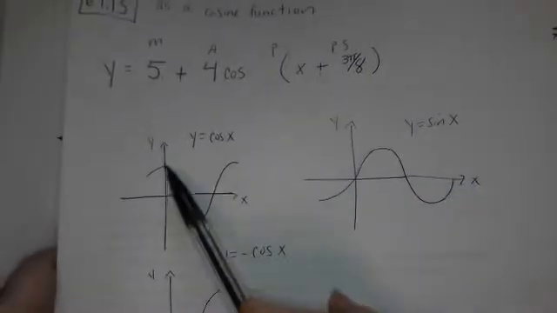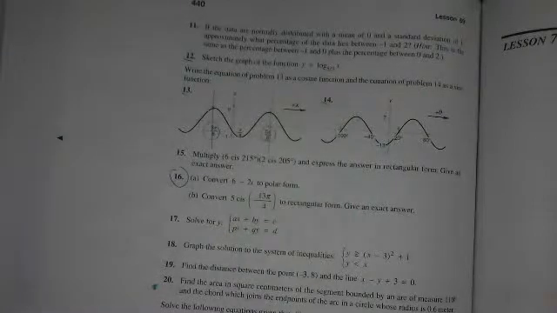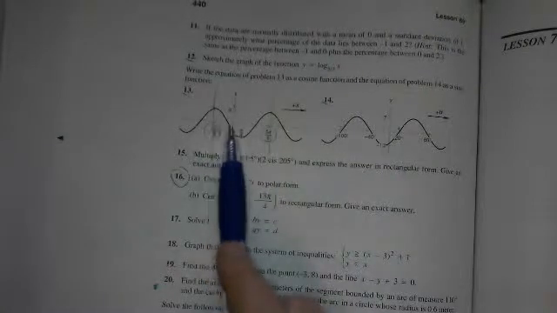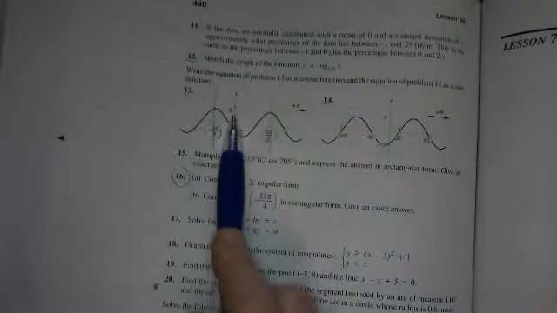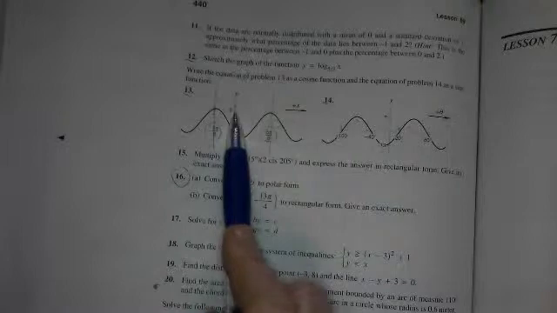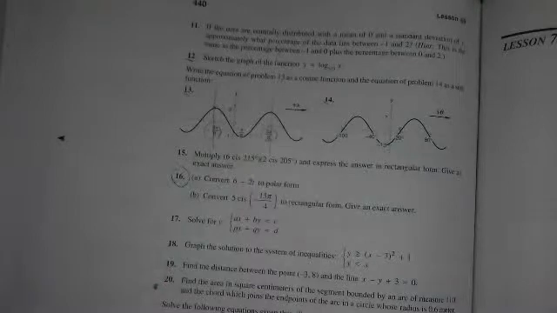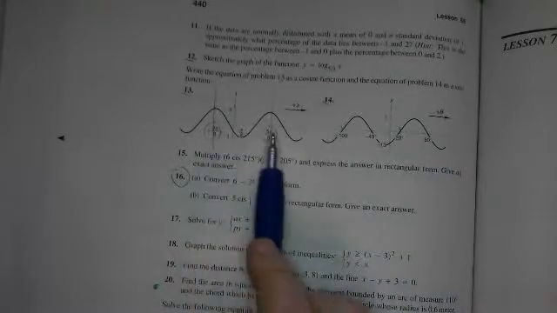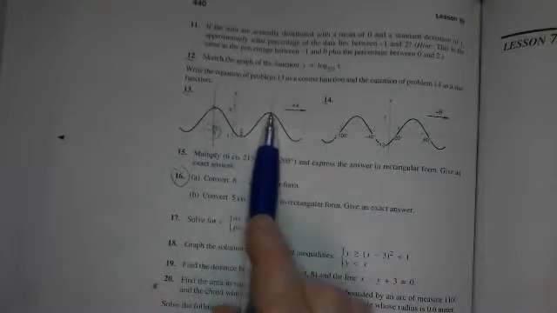See, from the top to the top, that's a complete cycle. So I have to do some fraction math. I'm basically going to add 3 pi over 8, because that's how far it is from this high point to the y-axis, to 5 pi over 8. So 3 pi over 8 and 5 pi over 8, that's 8 pi over 8. That's how far it is from this point to this point.